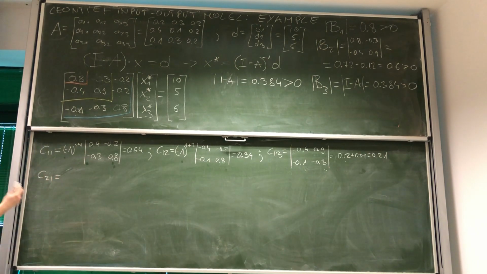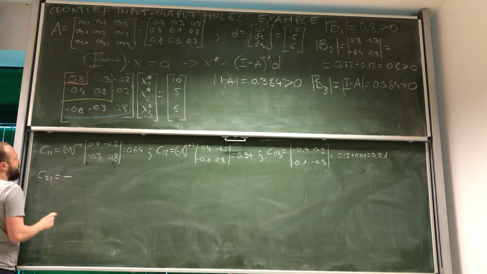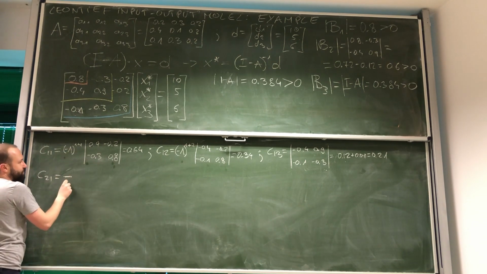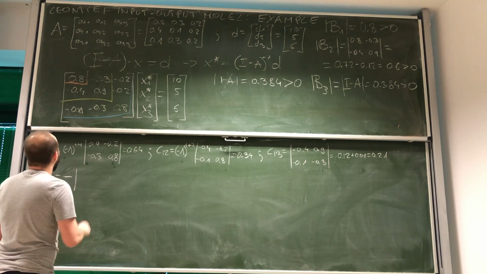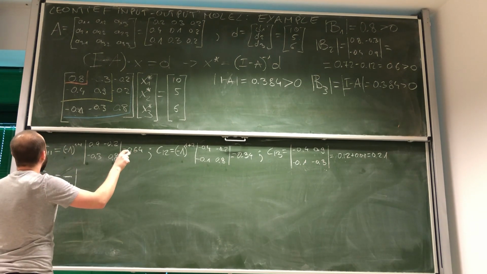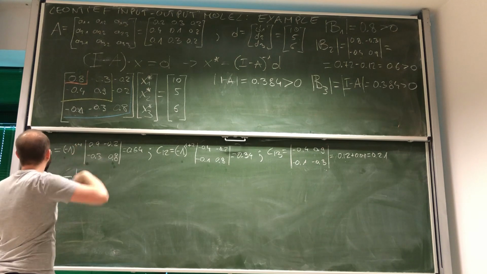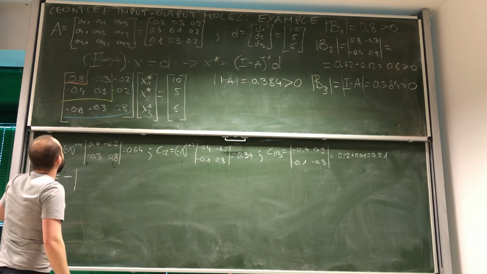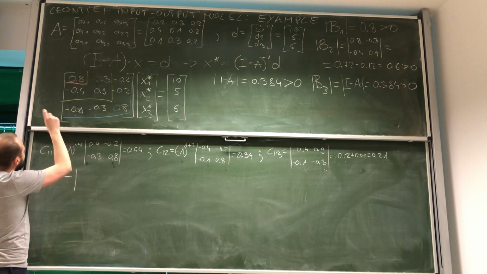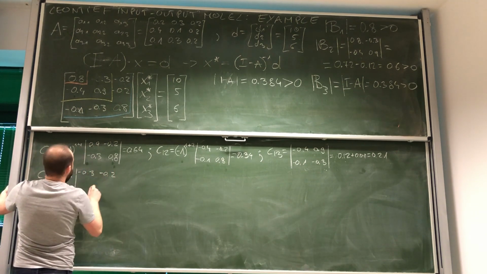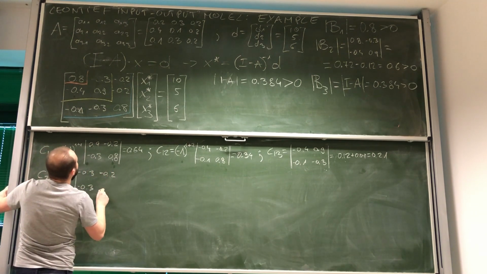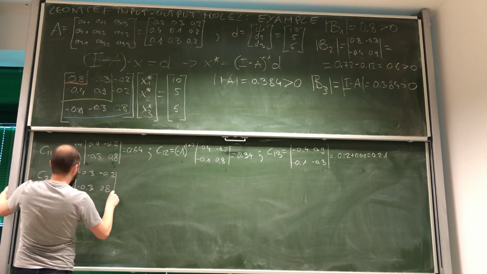Okay, then we move to the second row. So here again, we're going to have minus up front. Remember, if here's a plus, here must be minus up front. Makes perfect sense. Okay, and if I delete the second row, first column, because now we're talking about this element, I get negative 0.3, negative 0.2, negative 0.3, 0.8.